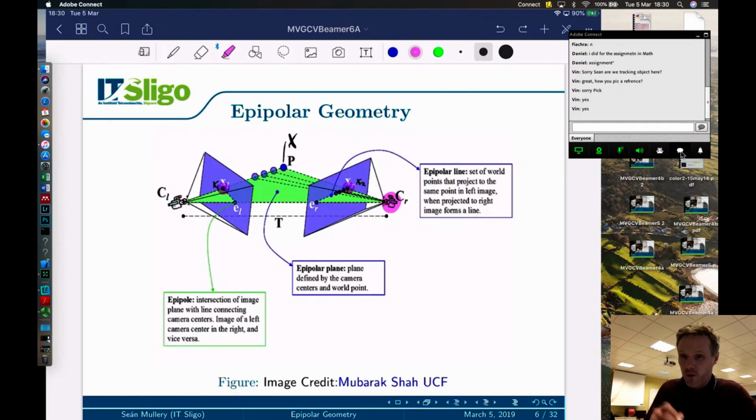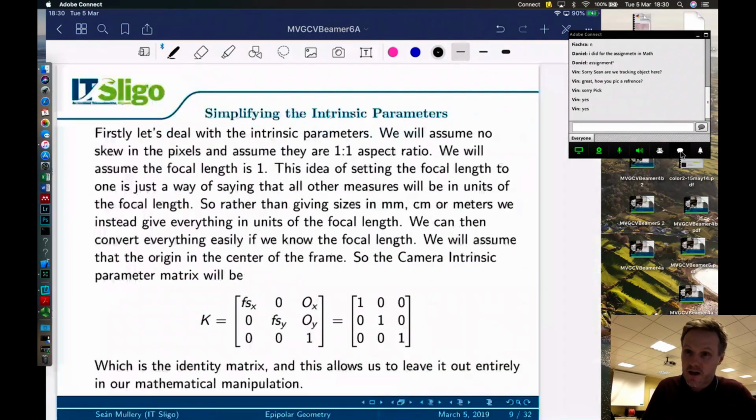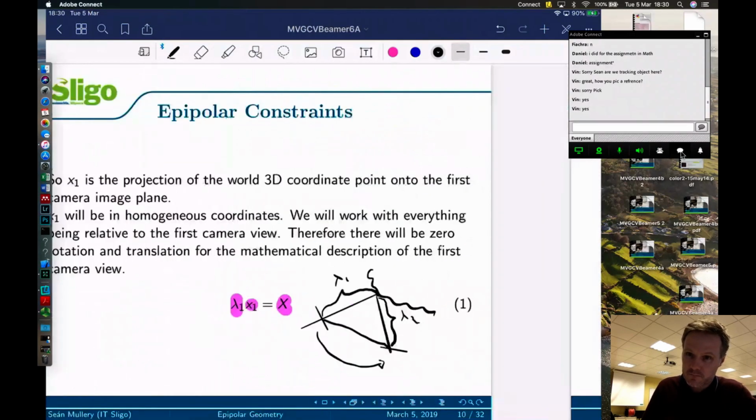So it doesn't matter what our point correspondence is. And later on, we'll see how many of these we need in order to fully figure out our rotation and translation. For the moment, we're just dealing with one single point, and it doesn't matter what the reference point is, as long as it's there and it has appeared in both camera views.